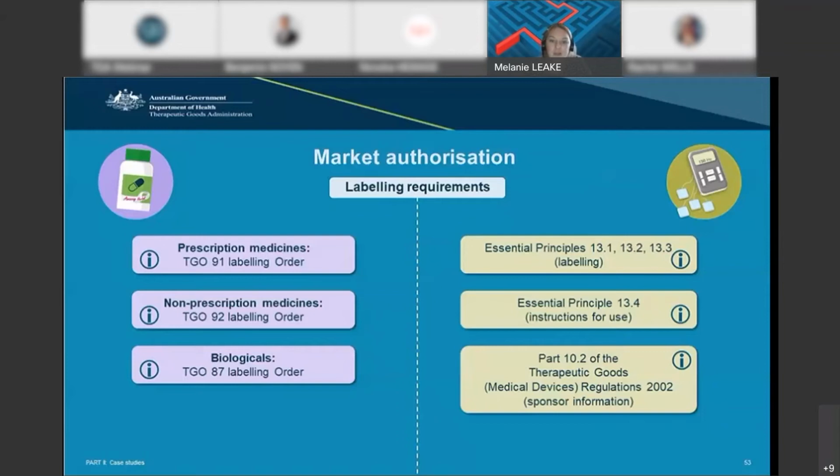For medical devices, the essential principles specify the labelling requirements and instructions for use for medical devices. The medical devices regulations specify sponsor information that needs to be included with a medical device. The essential principles are the criteria that need to be met to demonstrate that your medical device is safe for use.